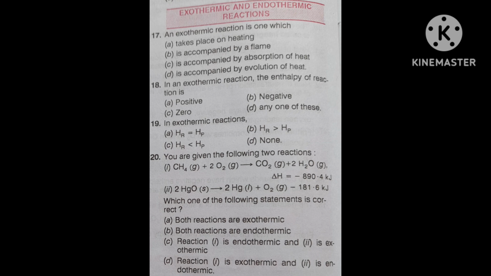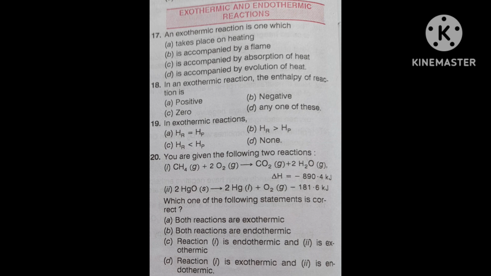That's why when a reactant converts to product, it releases heat. In an exothermic reaction, HR is greater than HP, where H means enthalpy, R means reactant, and P means product. Hence, HR is greater than HP in exothermic reactions.